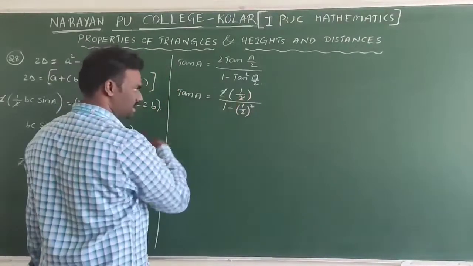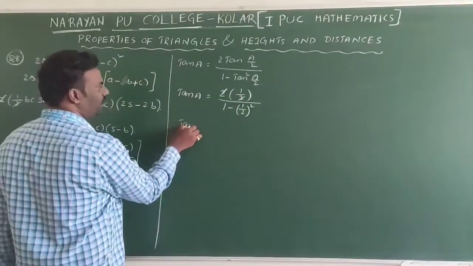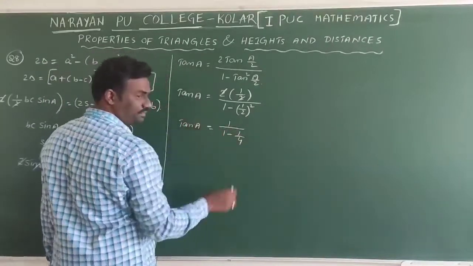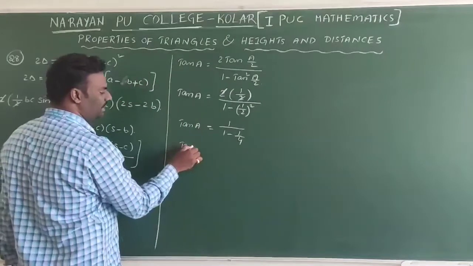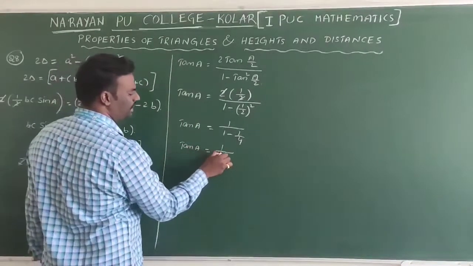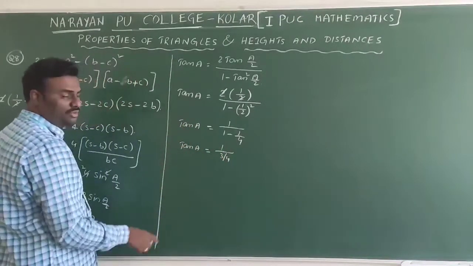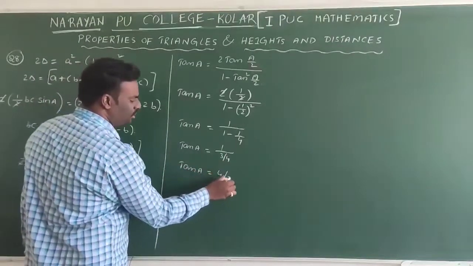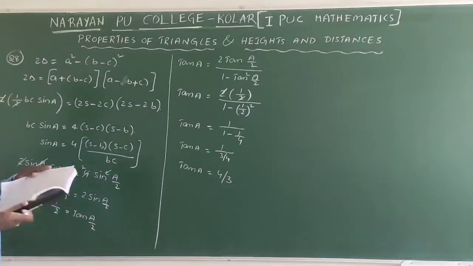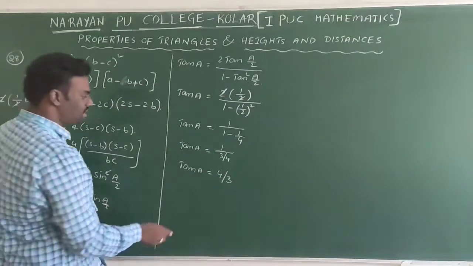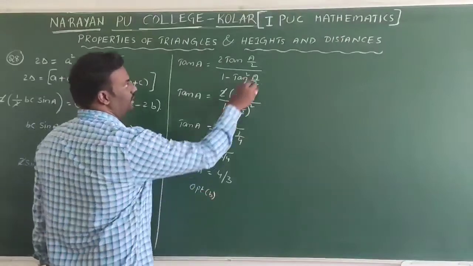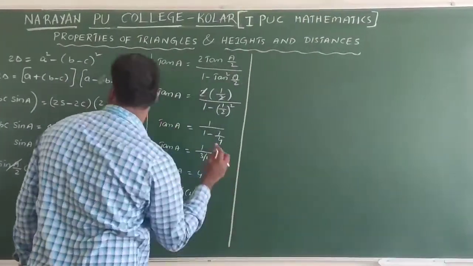Now 2 gets cancelled. Tan A is equal to 1 by 1 minus 1 by 4, that is nothing but 1 by 3 by 4. So finally tan A value is 4 by 3 is the correct answer. That is option B, the correct answer for question number 28.